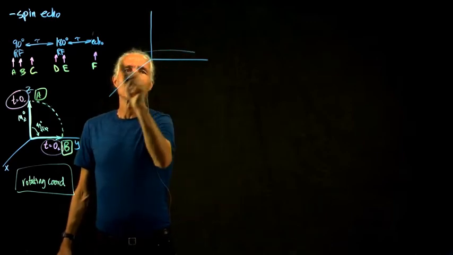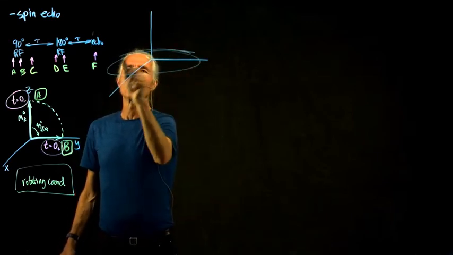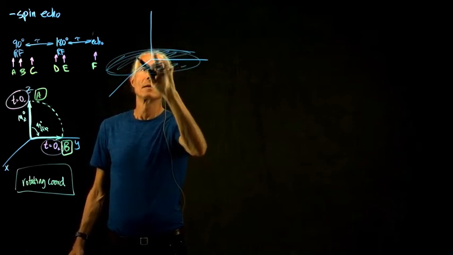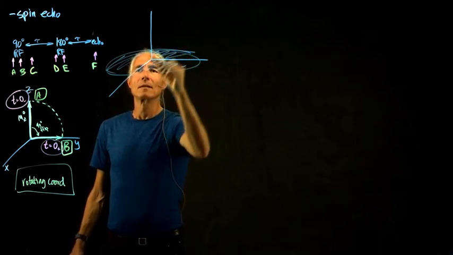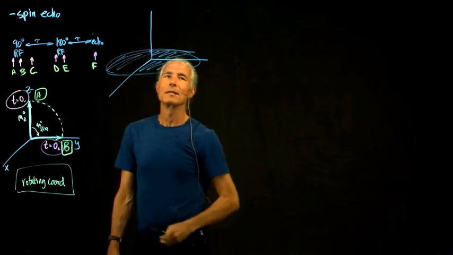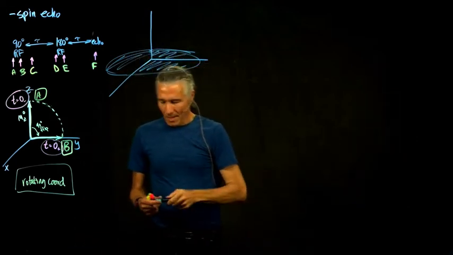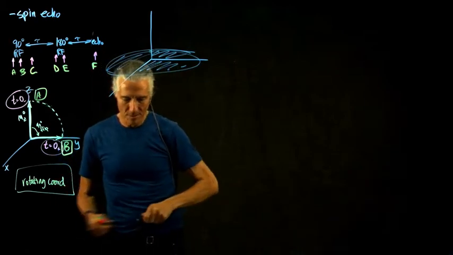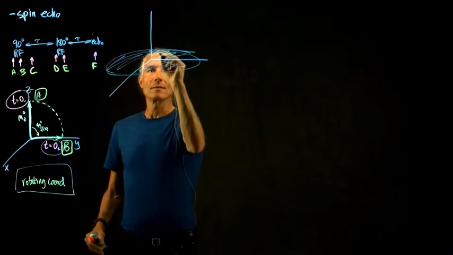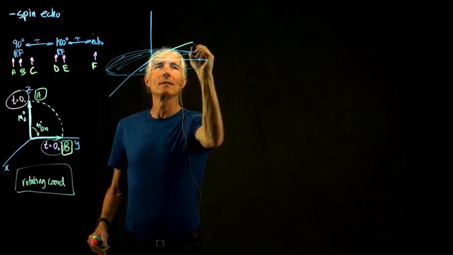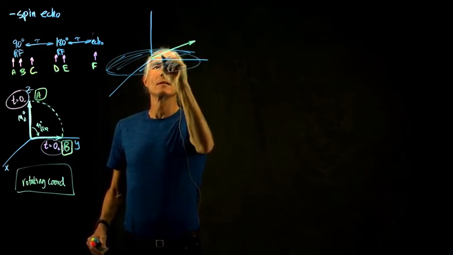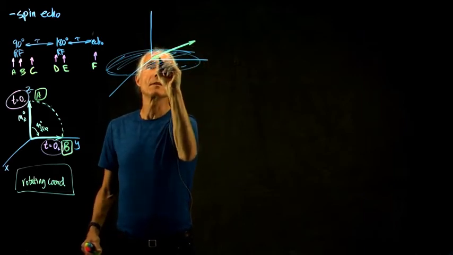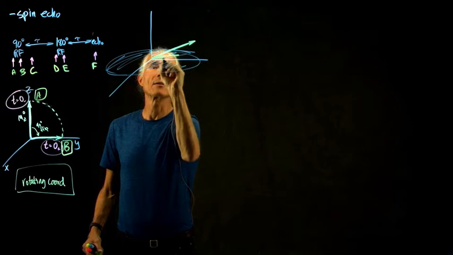Okay, so here's the xy plane. So now we have two vectors, and let's just draw them. I'll draw one here, and then another one here, maybe coming out at you a little bit.